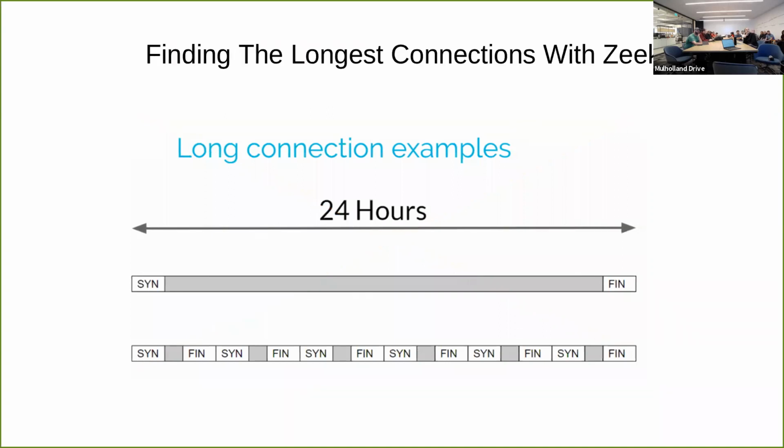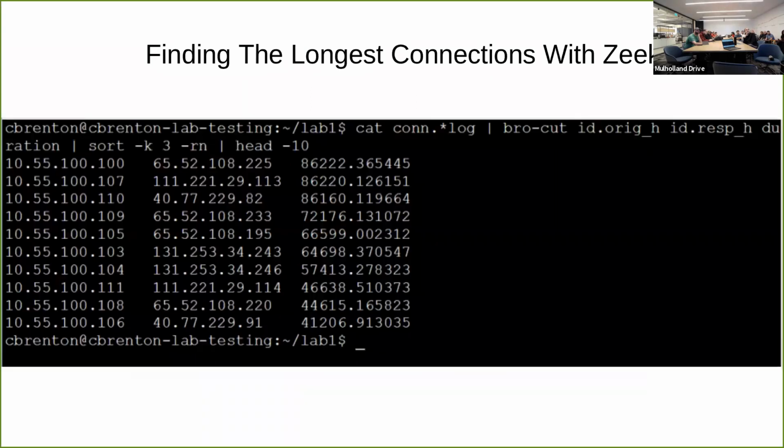One technique that you could use to try to detect if someone's using a VPN is to identify long session connections. So typically in TCP, you'll have a synchronize packet, an acknowledge packet, and then it ends with a finish packet.